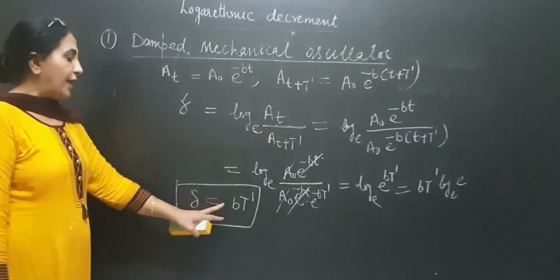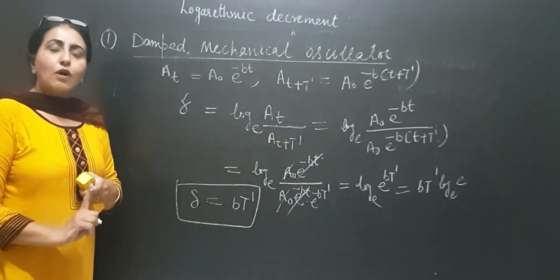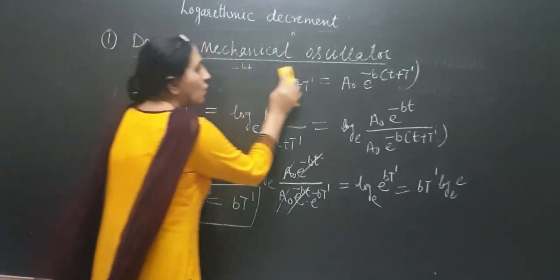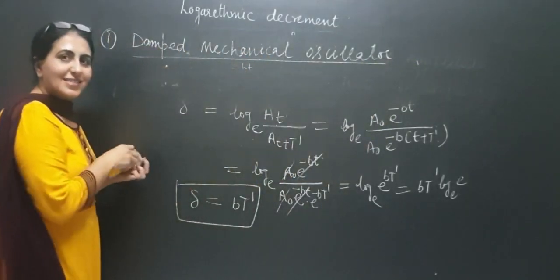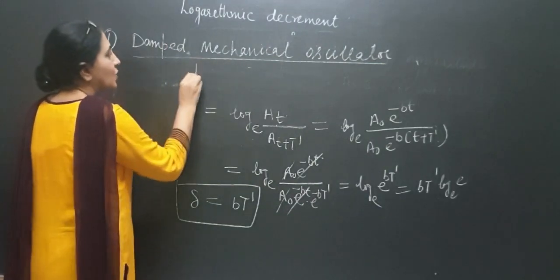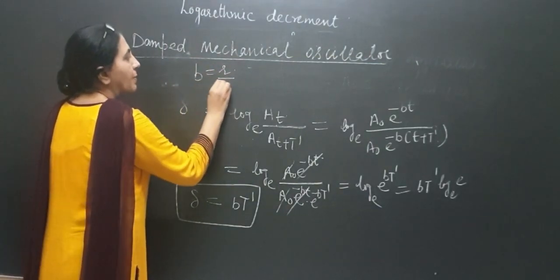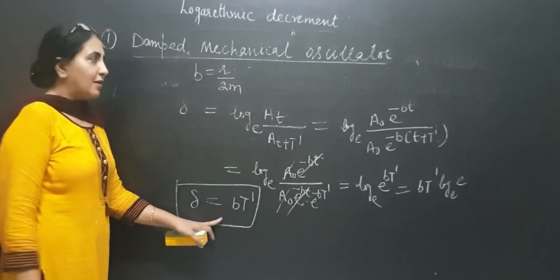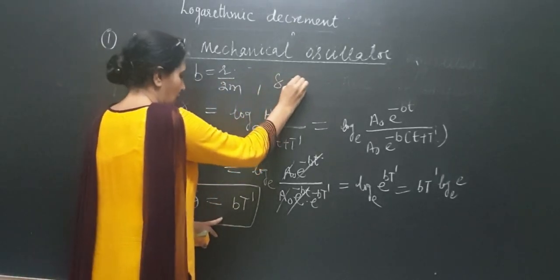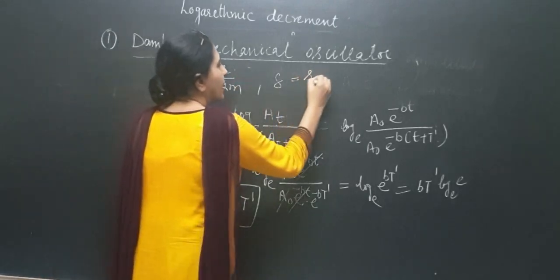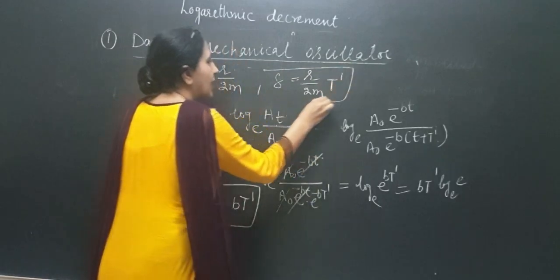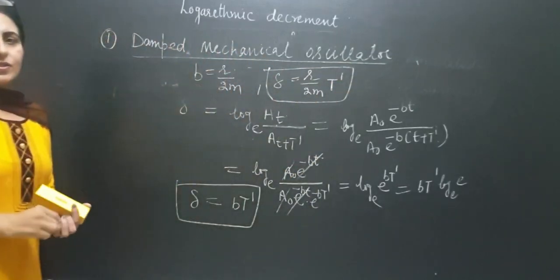We know the value of b in the case of a mechanical oscillator: b is equal to r by 2m. Putting the value of b here, we get delta equal to r by 2m into T dash. So this is delta in the case of a mechanical oscillator.